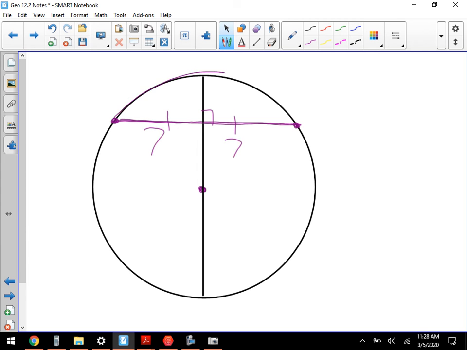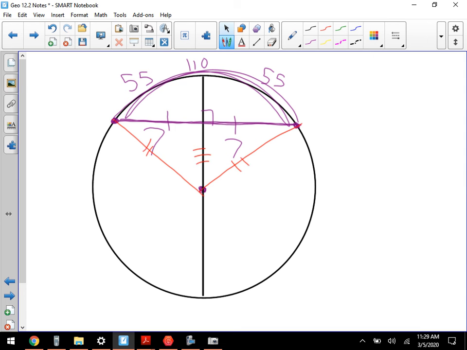If this whole thing is 110, take a wild and crazy guess what each of those two arcs have. Yep, that's it. Same idea. If you cut a chord in half, you cut its arc in half. Okay. So I think I have it written out on the next slide here. The reason why this works, again, you can draw radii. You get this.